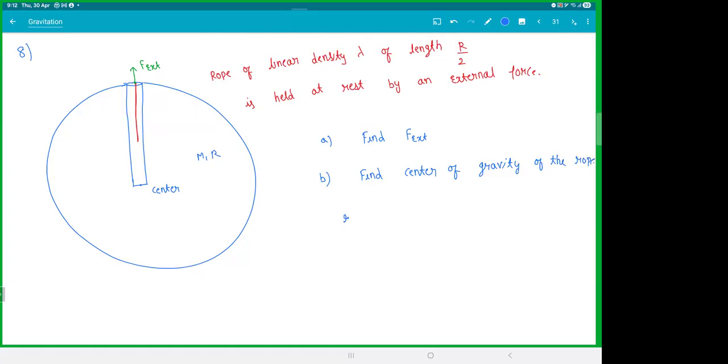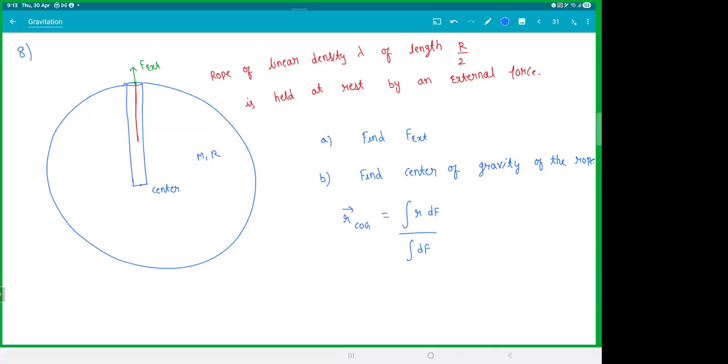So the formula for this is there. This thing is not there in the portion, so mostly they would give you a small explanation here. Center of gravity is given by integral r dF by integral dF. Look at this. If your gravity is constant, then dF becomes g dm, and in the integral g will cancel, you'll get integral r dm by integral dm. It becomes center of mass.